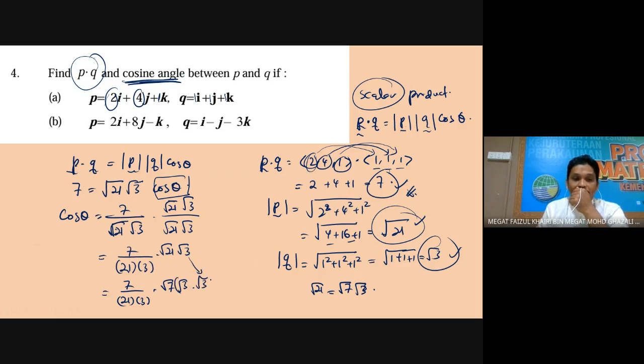So square root of 3 times square root of 3 equal to 3. 3 divided by 21 equal to 7. So then 7 divided by 7 equal to 1. Finally, you get square root of 7 divided by 3. Okay, you may leave the answer in this form, or this is the simplest one.